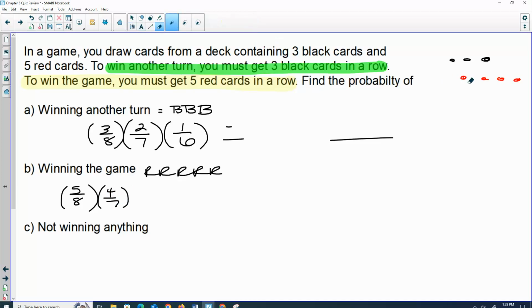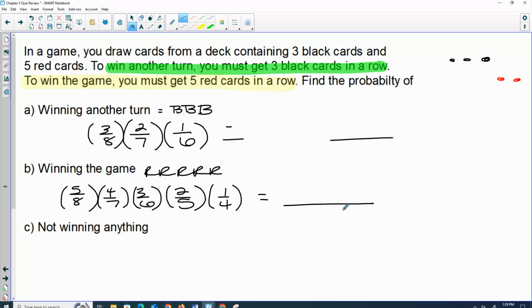I take that one out, what's the probability the next one is red? 3 out of 6. I take that one out, 2 out of 5. And if you take that one out, the last one is 1 out of 4.